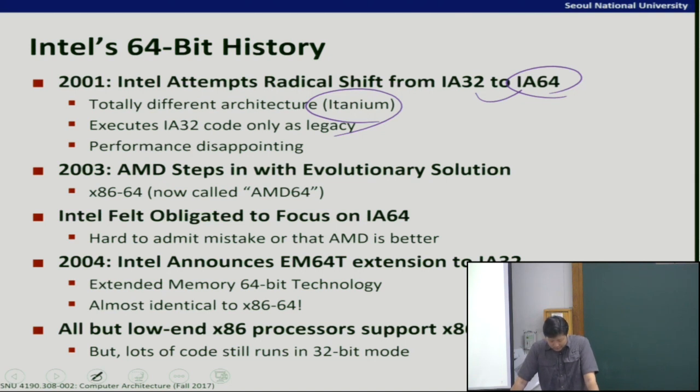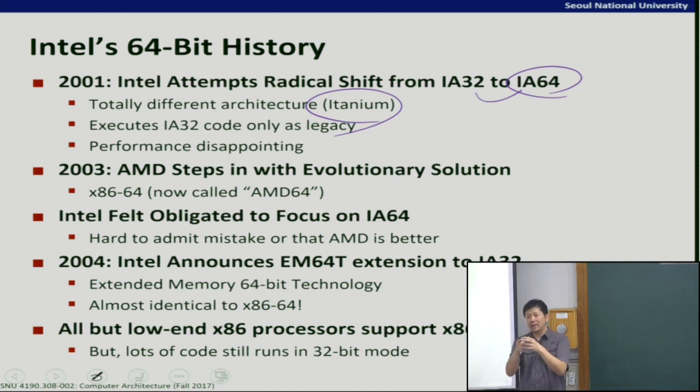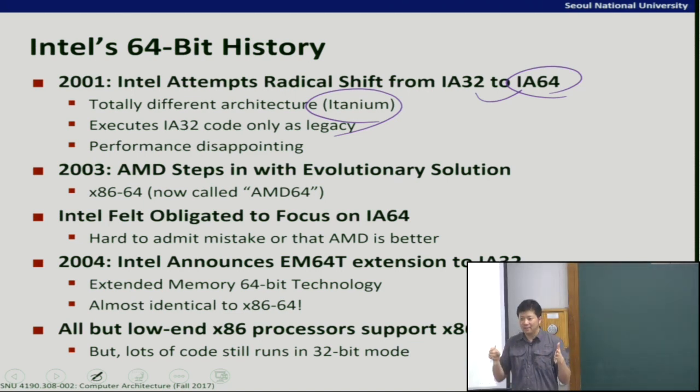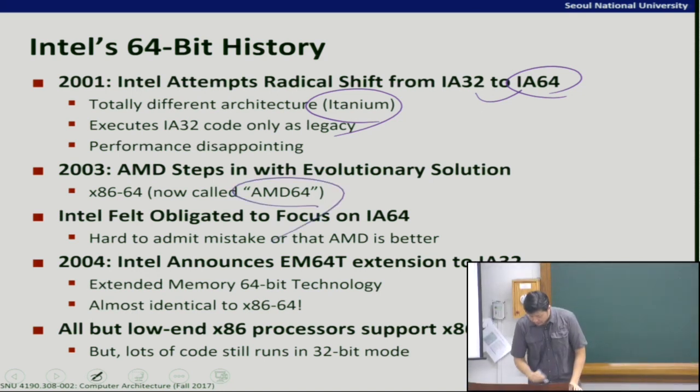In the meanwhile, AMD stepped in with a more evolutionary solution. So, evolution instead of taking a radically different approach, they maintained the same IA32 ISA, but made a straightforward extension to the original IA32, like AMD64, a 64-bit extension of IA32, and this one is also called x86-64.